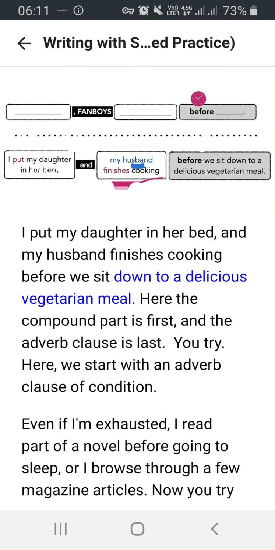Here, the compound part is first and the adverb clause is last. You try.